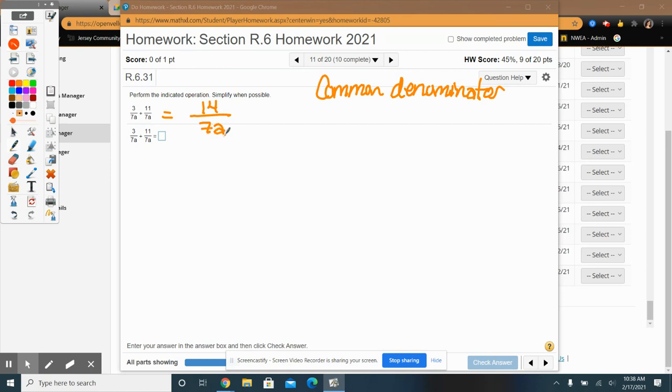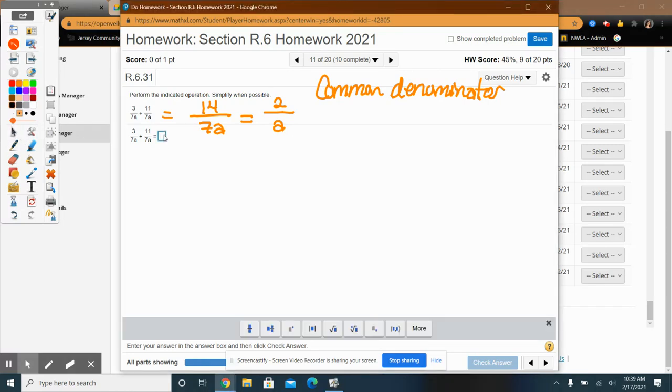So that's 14 over 7a. However, that does simplify. They both have a 7 in common. So that would leave me with a 2 on the top and an a on the bottom. So it simplifies to 2 over a. You didn't have to do any factoring there, just that 14 and a 7 would simplify.